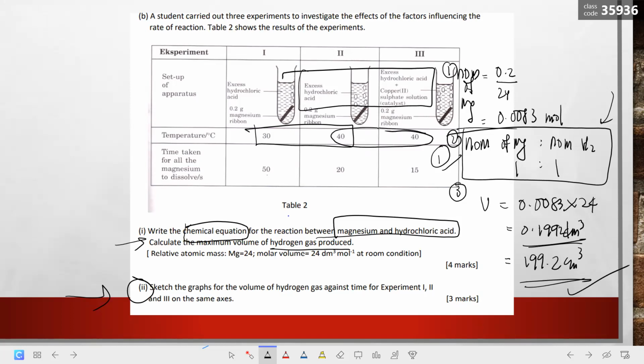With that information, I would like to see you sketching your graphs for me. If you're able to do this, I know you understand what I've been teaching you so far. So teacher gives you about 2 minutes. Sketch your graphs for teacher.